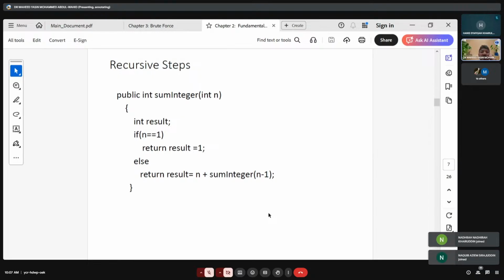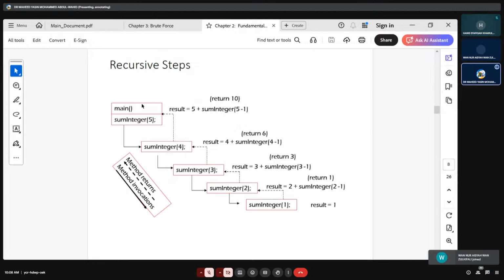Public int sum integer n: if n equals 1, return 1, else return n plus sum integer n minus 1. This is calling the recursive function to make the summation, sum integer. So here, sum integer 5, sum integer 4, sum integer 3, sum integer 2, sum integer 1.